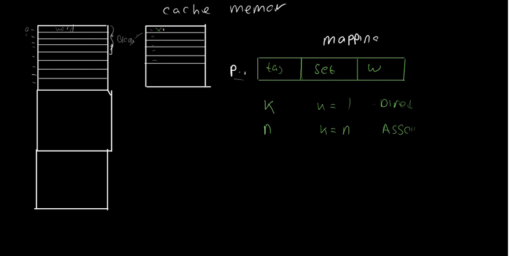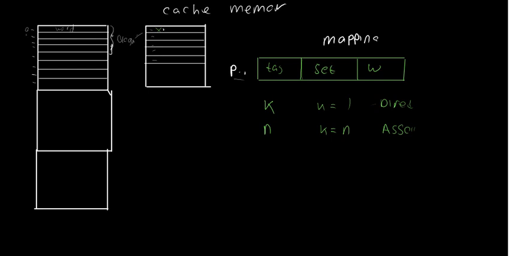And if our entire cache is a set, meaning we don't care where we put any block data that comes in, hence it's associatively mapped.